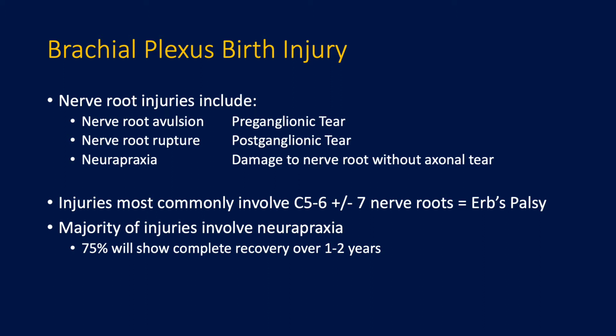These injuries most commonly involve the C5 and C6 nerve roots, with or without involvement of the C7 nerve root, and give rise to a clinical entity known as Erb's palsy.